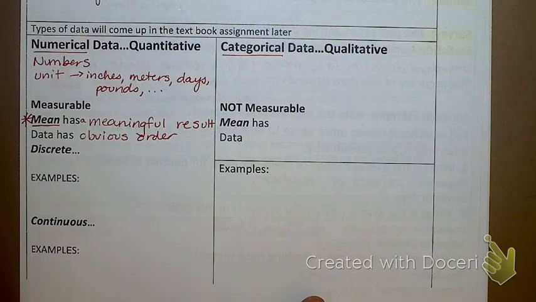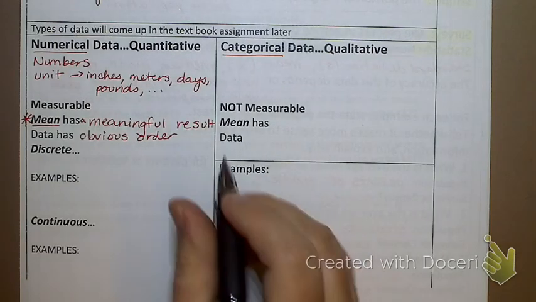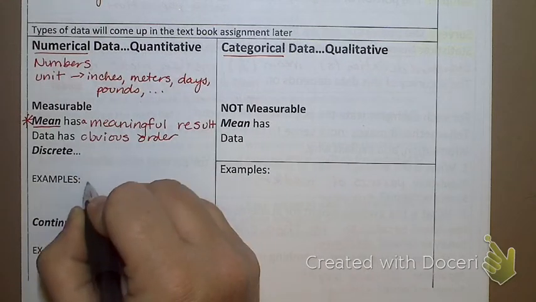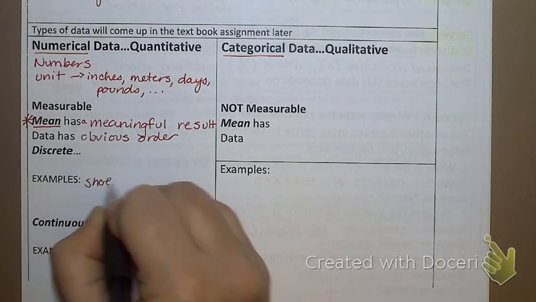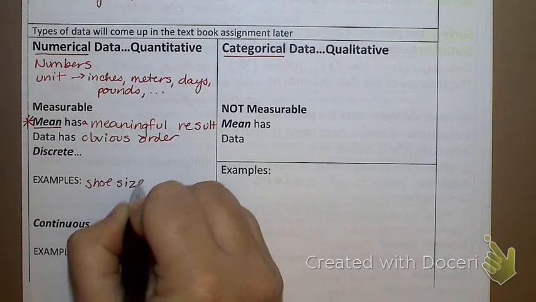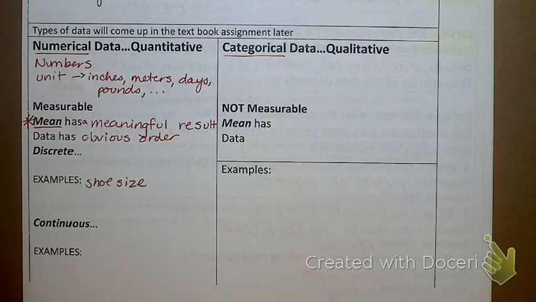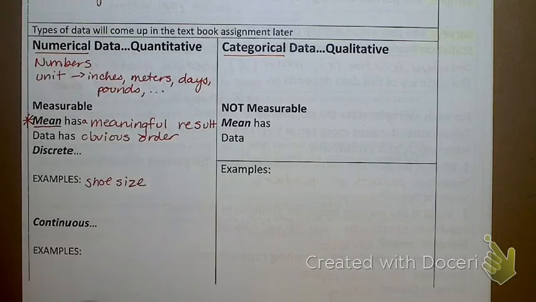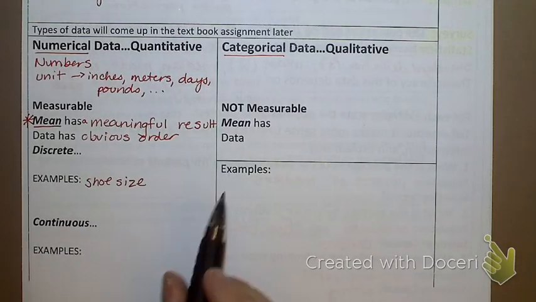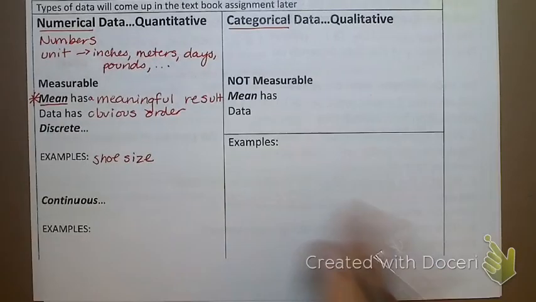So discrete numerical, you could have examples like shoe size. Because everyone is either a 7, 7.5, 8, 8.5, 9, 9.5. You fit into one of those standardized numbers, right? You could also argue that that's categorical, I guess, if you wanted to.